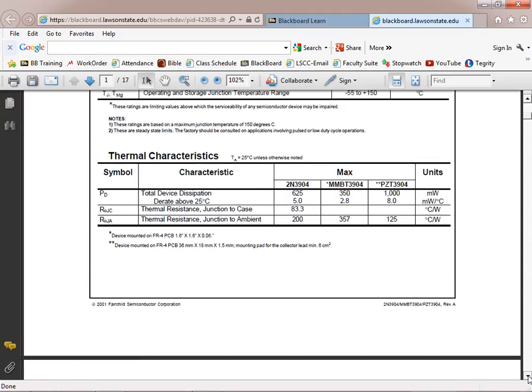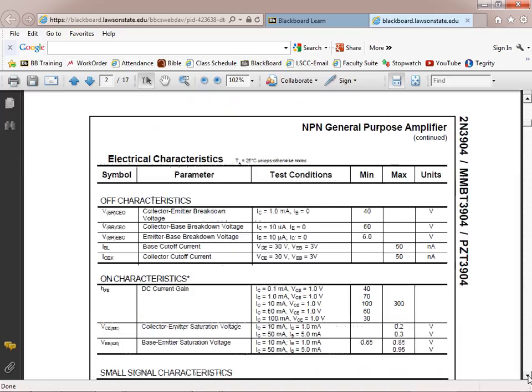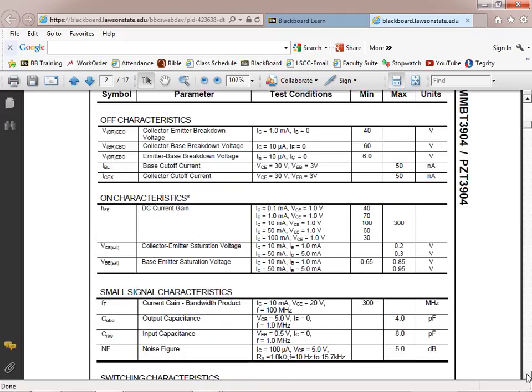Then we get down into our electrical characteristics, and what we're doing is we're looking for the beta. HFE, DC current gain. And you can see the beta of the transistor could literally be anywhere between 30 and 300.